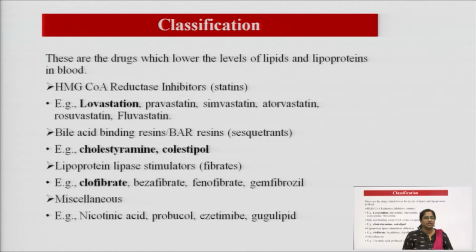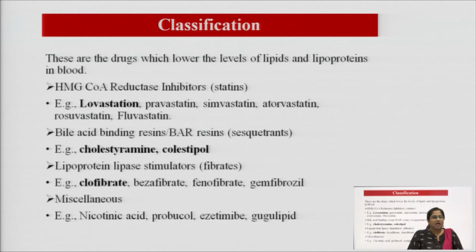So, here is the classification. The classification includes classes like HMG coenzyme A reductase inhibitors, generally called statins. Examples are lovastatin, pravastatin, simvastatin, atorvastatin, rosuvastatin and fluvastatin. Next are bile acid binding resins, also called BAR resins, or sequestrants.